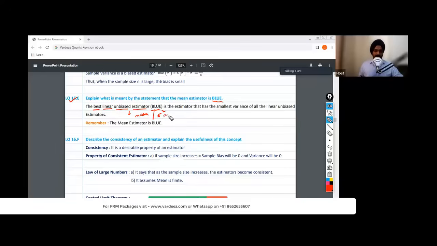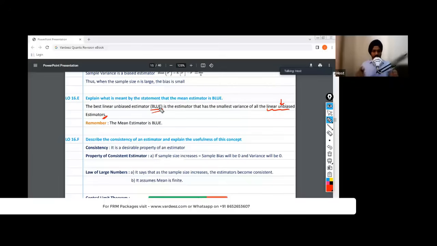There is a problem with it. So can the variance become the best linear unbiased estimator? No, it cannot. So which statistic can become BLUE? It's the mean. So the mean estimator is BLUE. Why? Because it has got the smallest variance of all the other linear unbiased estimators.